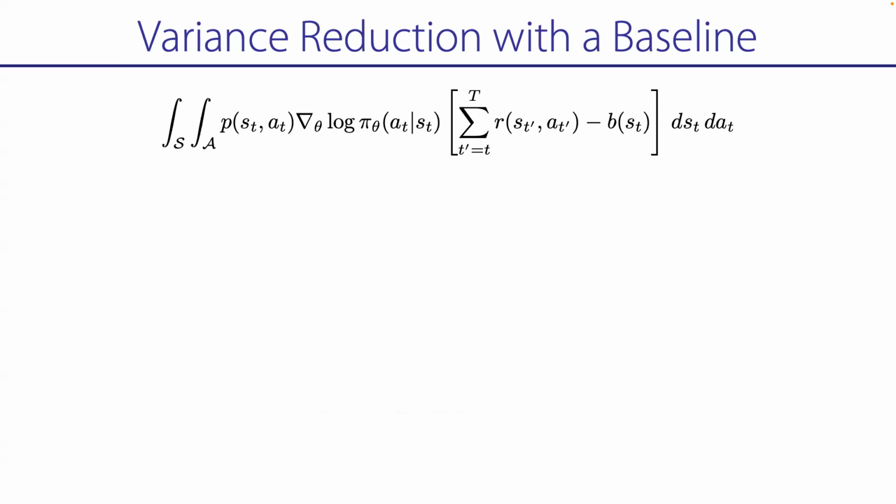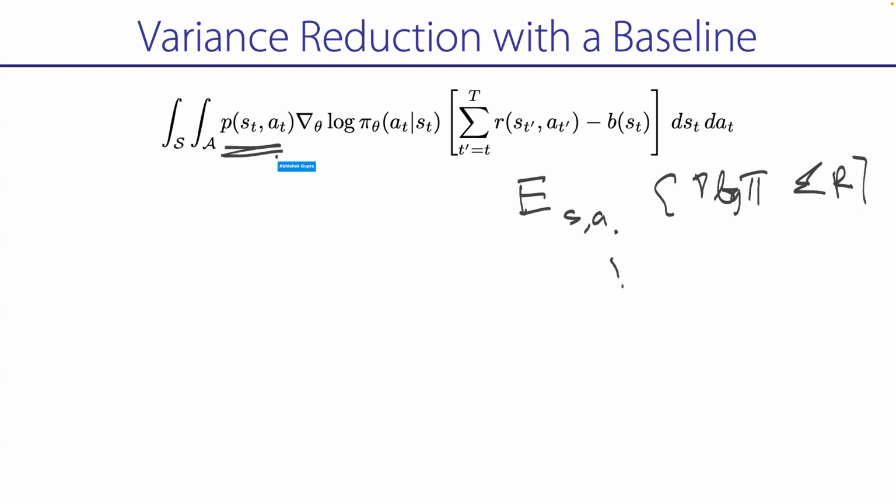Okay, so we're going to start from the policy gradient. I'm going to write it slightly differently. If you remember how the policy gradient was, you sample states and actions from that long chain, and then you have grad log pi, and then you have a sum of rewards, right? And so I'm just going to write it in the stationary distribution form.